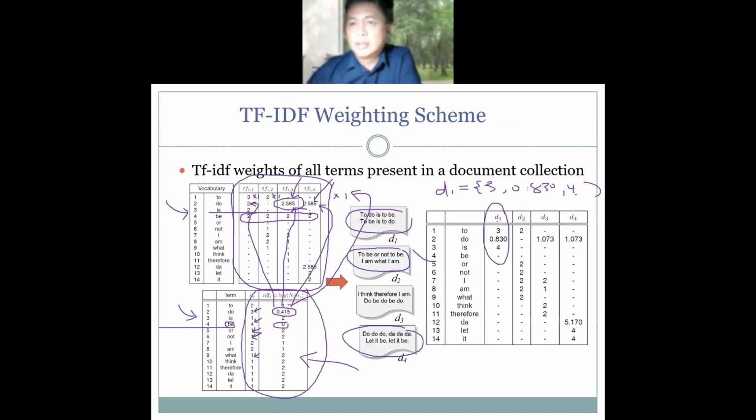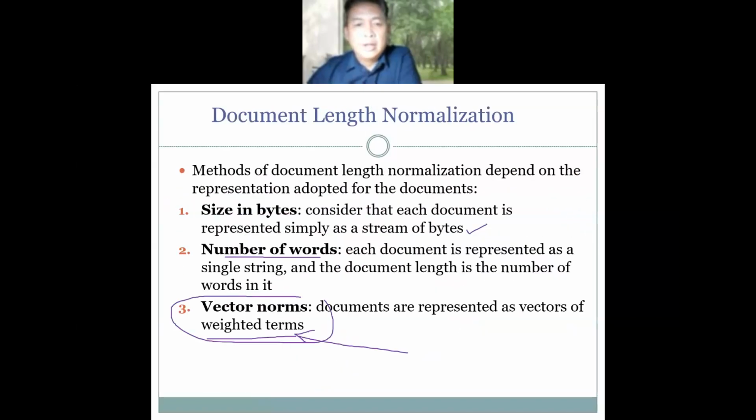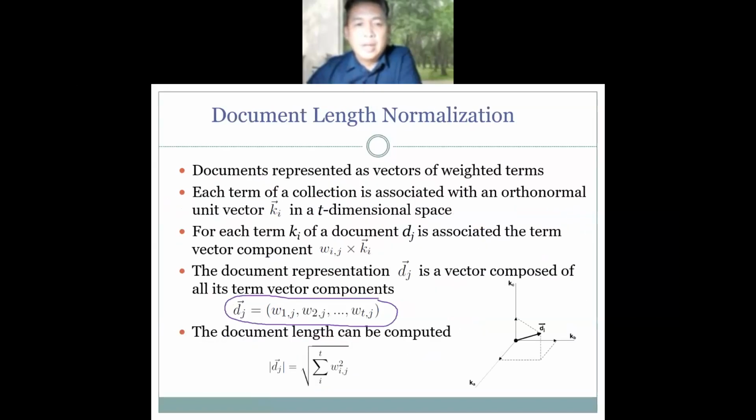This is similar to this because we have document 1 and then we take all the weightage. So similar to this, we are representing each of the document vectors as a vector norm, which comprises all the weightage for all the keywords.